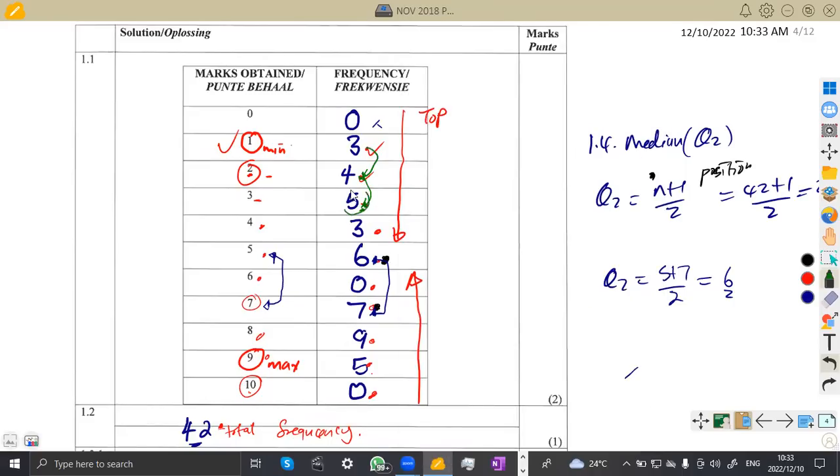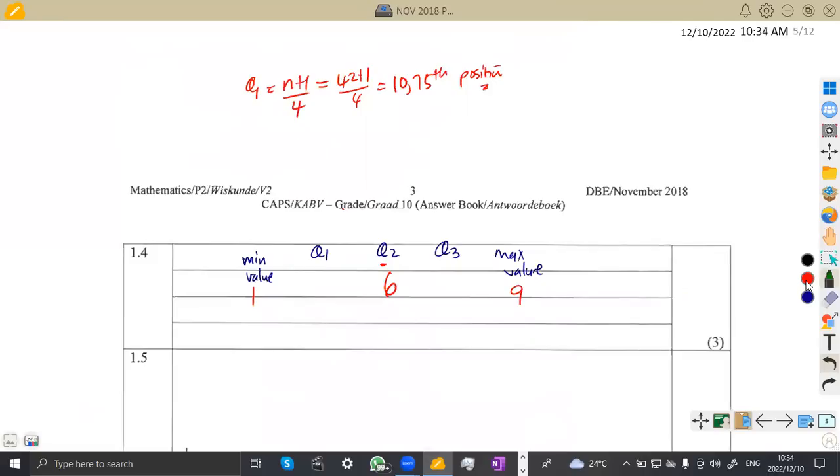That means we are obtaining 10.75 in this value of 5, which corresponds with a mark of 3. So the Q1 that we need is taken from the marks, in this row it corresponds with 3. So our Q1 is equivalent to 3.